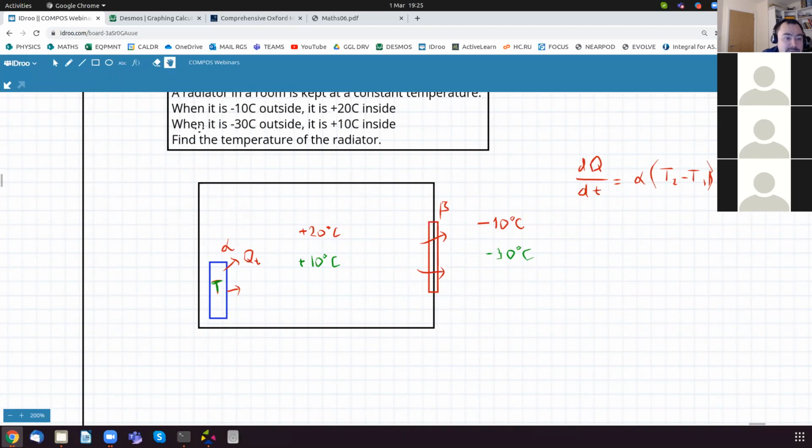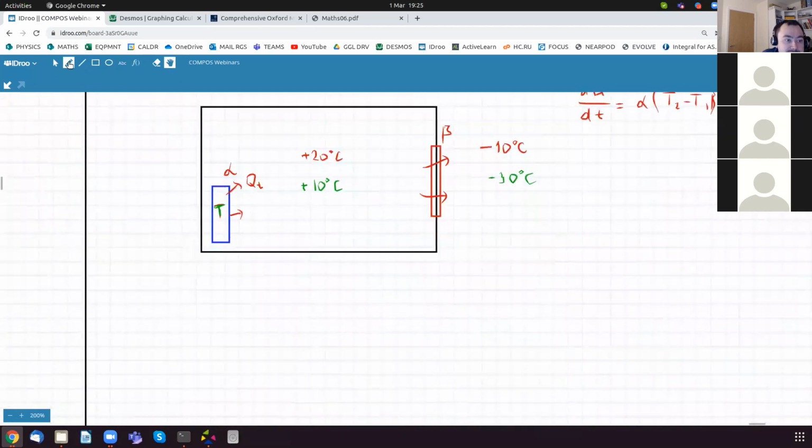So in the first case scenario, the heat supplied to the room is alpha multiplied by T of the radiator minus the temperature of the room.